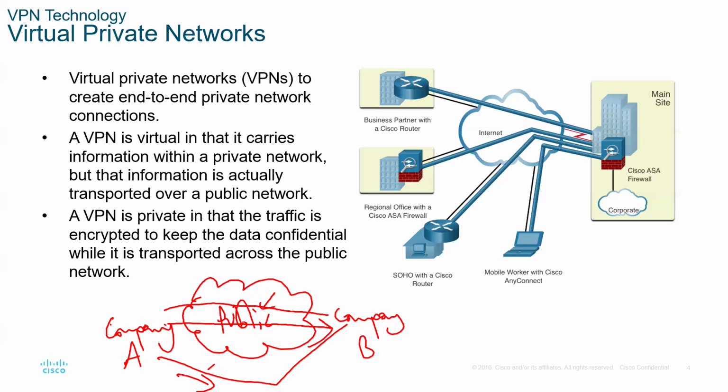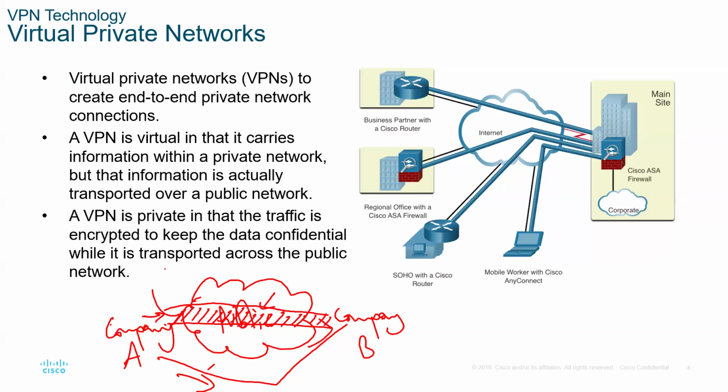The internet is there, but there is now a tunnel between these two devices. So even if our tunnel is within the public network infrastructure, it only provides communication for access between devices A and B. Therefore, that's how it's private.